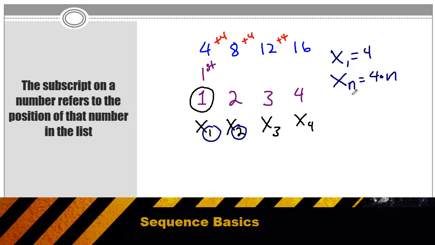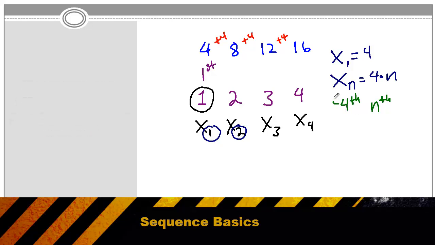What that means is that you could take any position in my list, say the 4th position, which problems will frequently describe as the nth position, as in 4th, 5th, 6th. So if I want to find the 4th position, I'm simply going to plug in a 4 for n. So x subscript 4, or the 4th number in my list, is going to be equal to 4 times 4, or 16, which it was.